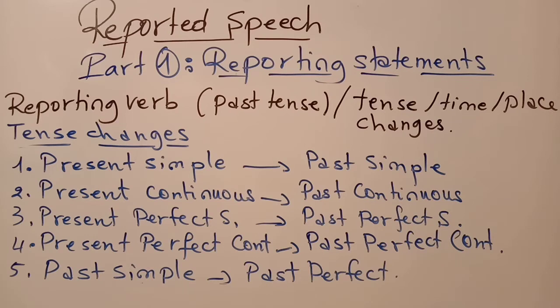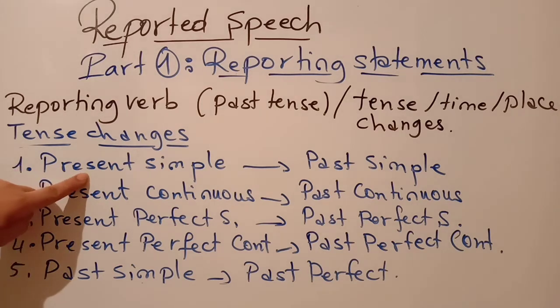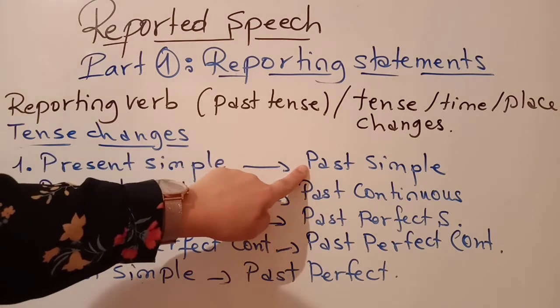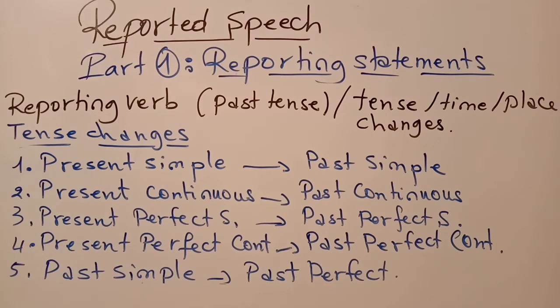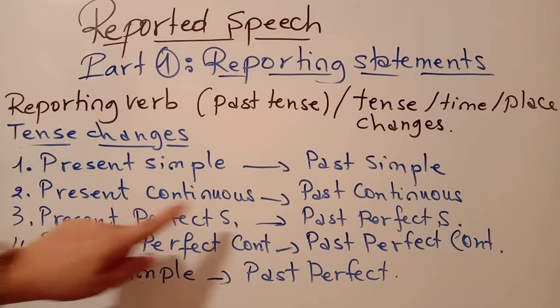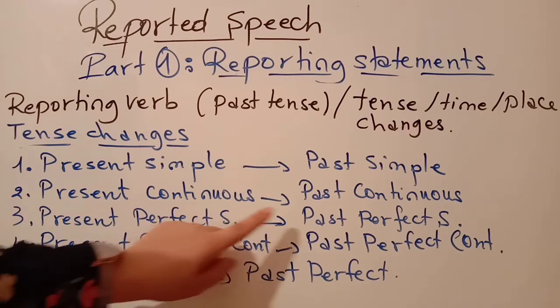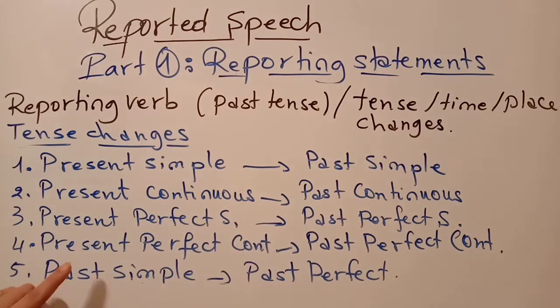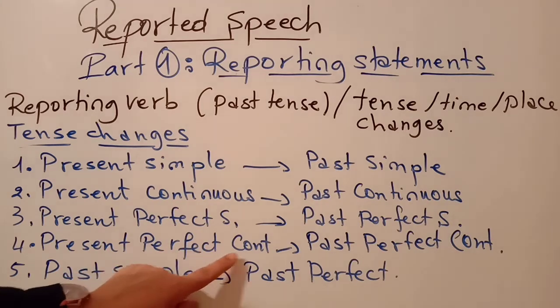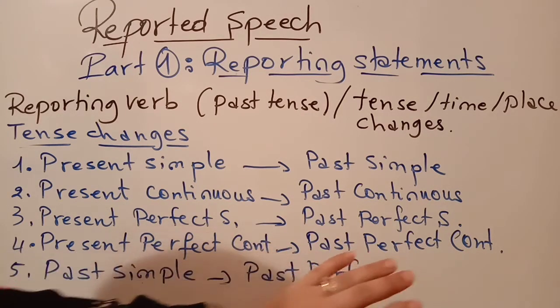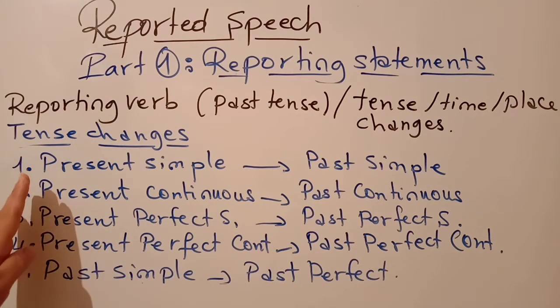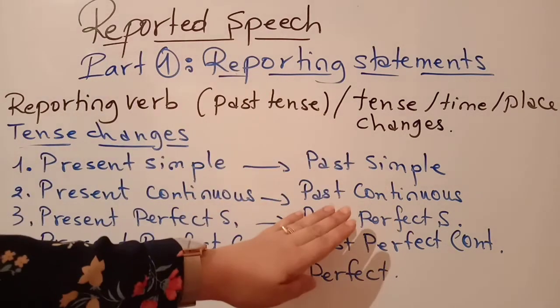If you have present simple in the direct speech, in reported speech it becomes past simple. Present continuous, past continuous. Present perfect simple, past perfect simple. Present perfect continuous, past perfect continuous. As you see, we move from the present to the past.